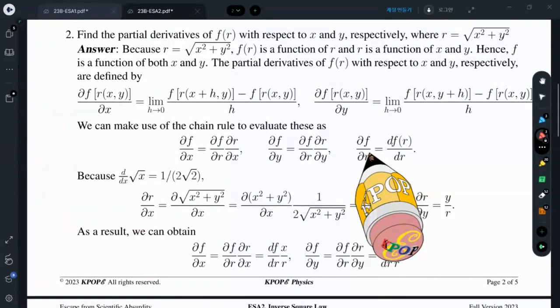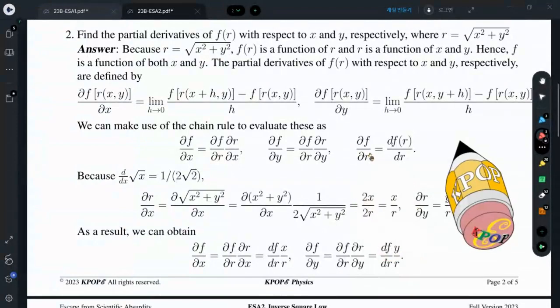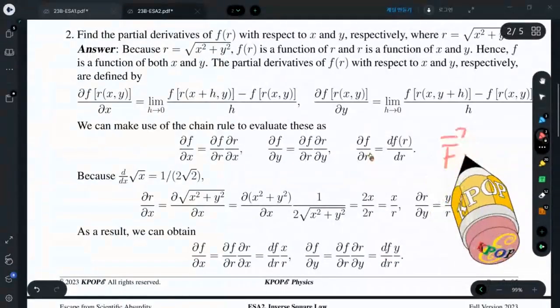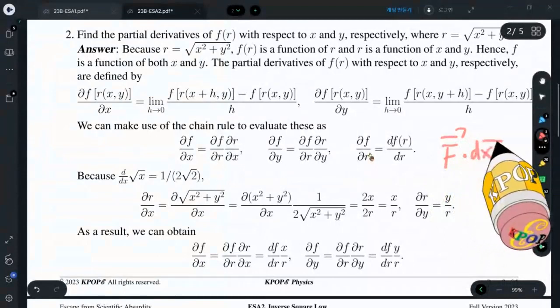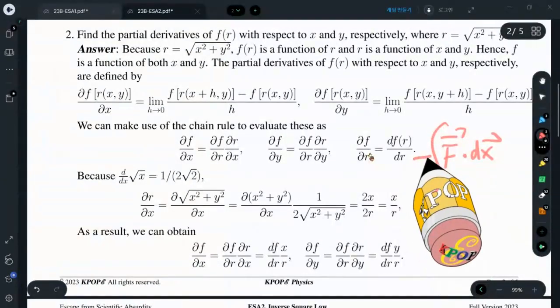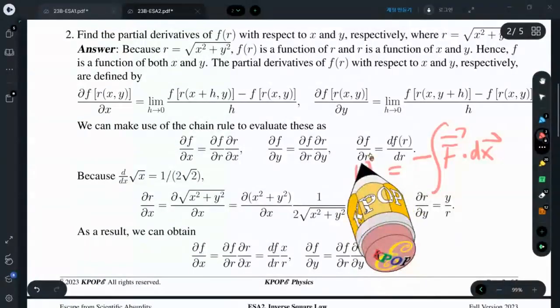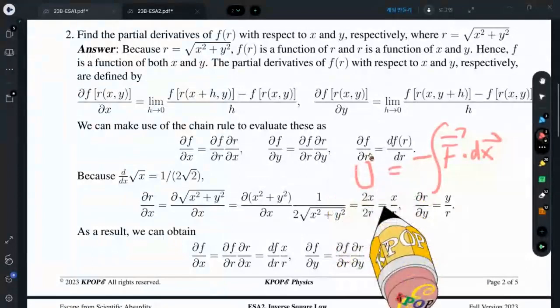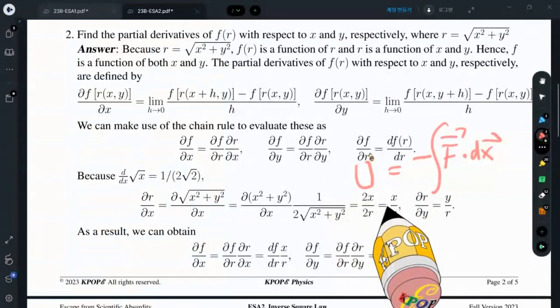And actually, to find the potential energy, you have to integrate the work by making use of a force. Force integrated over path with a negative sign gives you the potential energy. If the potential energy is defined, then we say this force is conservative.